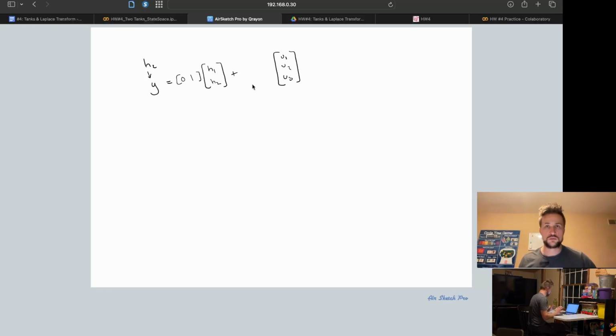Because we're isolating only with respect to H2, we're going to forego all these. We don't want to look at our system inputs or our H1. We're just isolating our focus on H2, and so that's why we're only using this matrix setup that we've just shown.